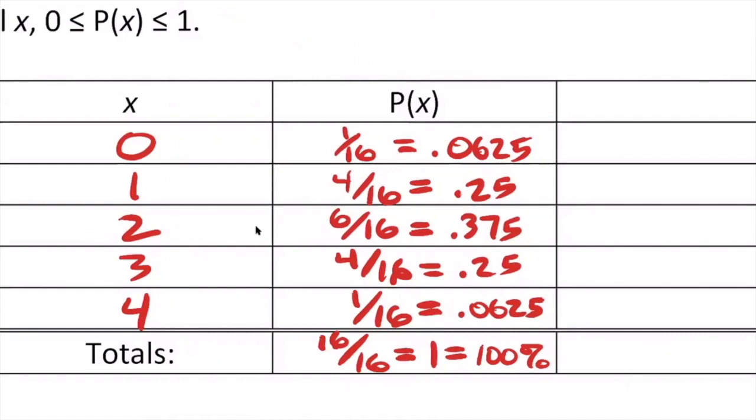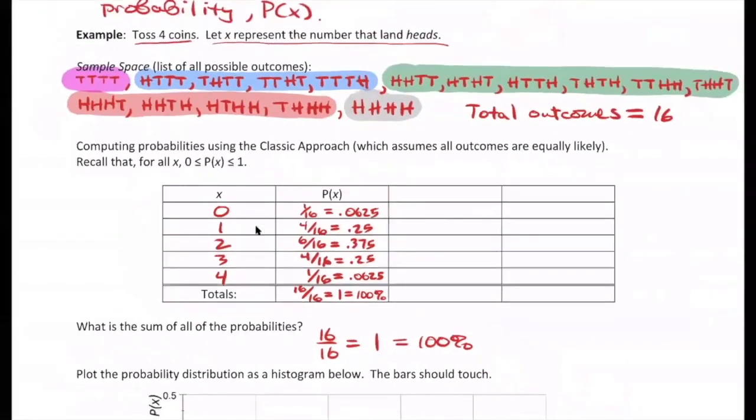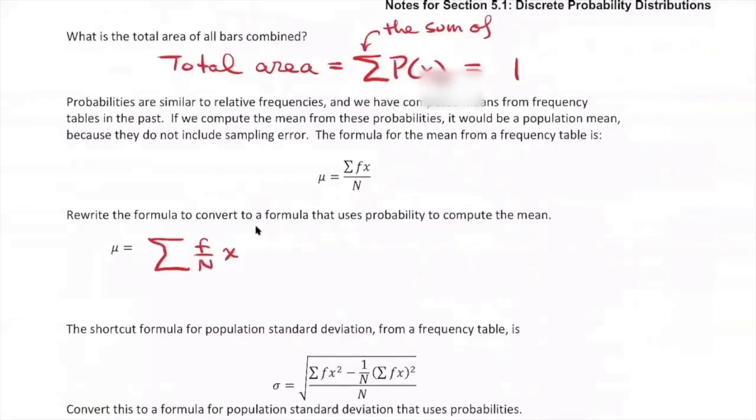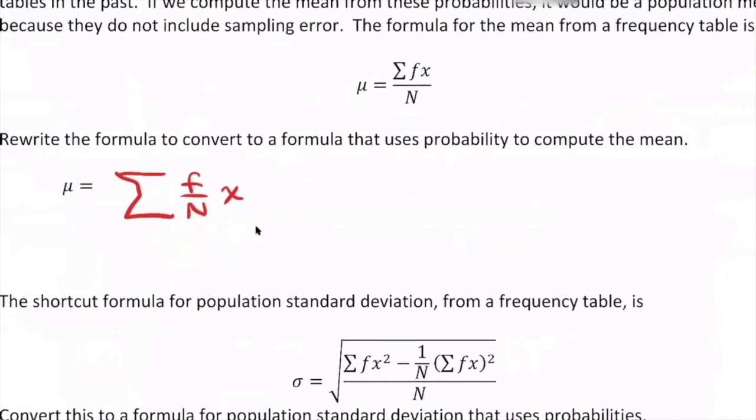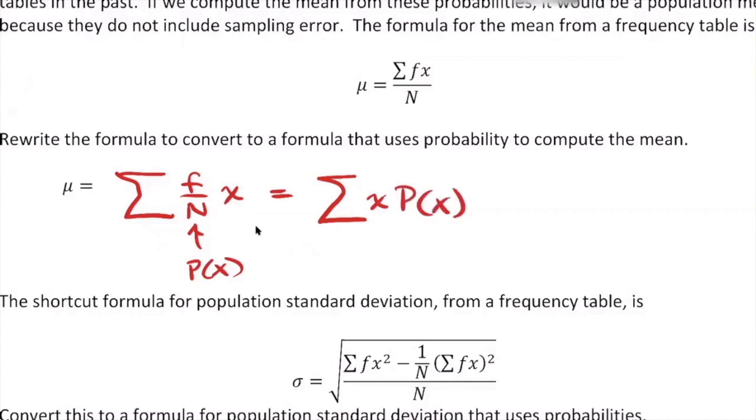For one head, there were 4 out of 16 ways. Those are all relative frequencies. So when I say f over n here, f over n is just p of x. So the mean for a probability distribution is just x times p of x. That's it. And we'll be doing that computation in a sec.